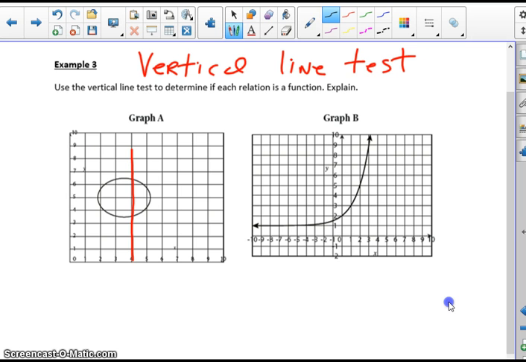So for this first example here, graph A, when I drew my red line or my vertical line through the graph, it touches it in 2 spots. So that tells me for this example that this point here that I highlighted is approximately 4, 3.5, and this other point that I highlighted is approximately 4 and 6.25.